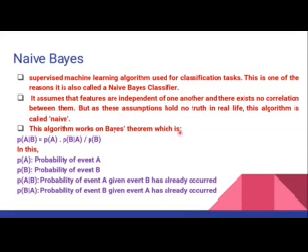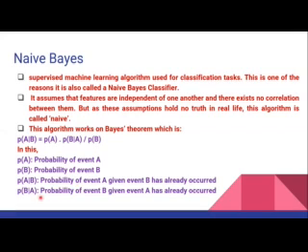The algorithm works on the Bayes theorem, which is P(A|B) = P(B|A) · P(A) / P(B). Here, P(A) stands for the probability of event A, and P(B) stands for the probability of event B. P(A|B) is the probability of event A given that event B has already occurred.